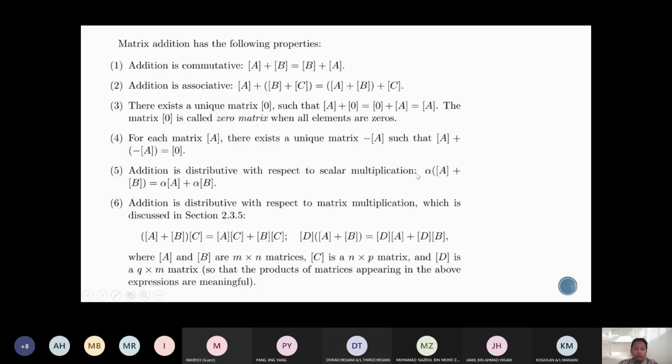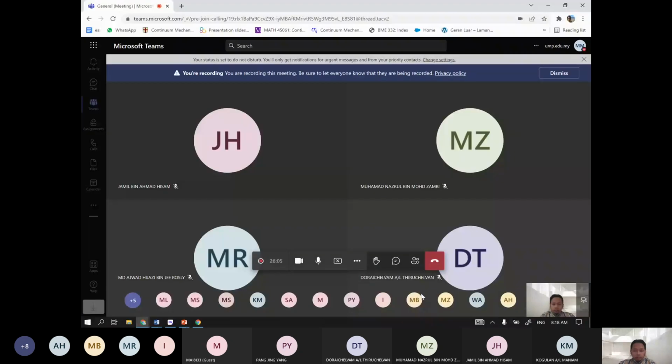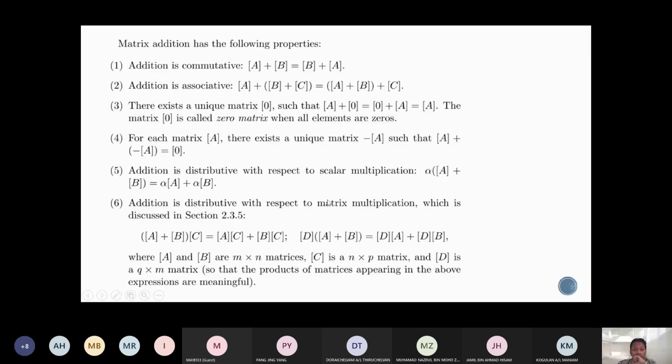If you have alpha times A plus B, you can expand: alpha times A plus alpha times B. And if you multiply matrices with addition like A plus B times C, you can expand it to A times C plus B times C. But the order cannot be changed; C times A is not allowed.